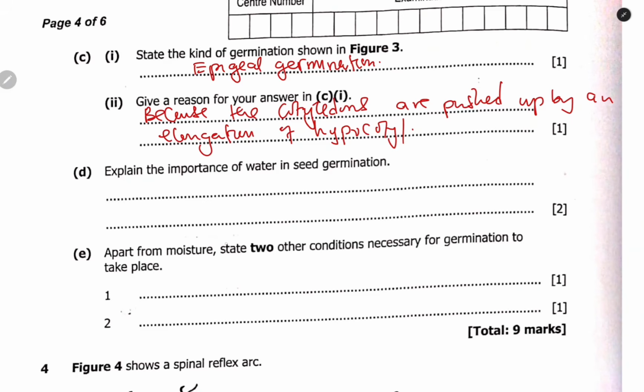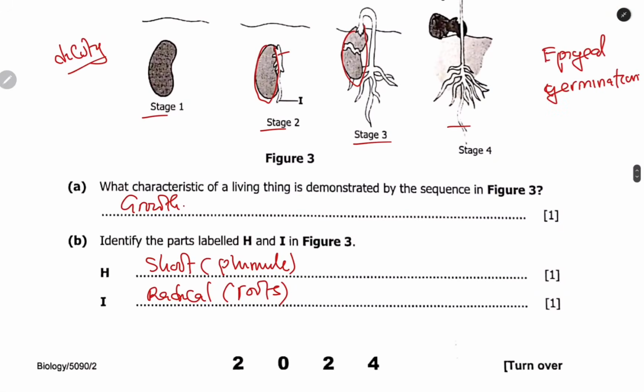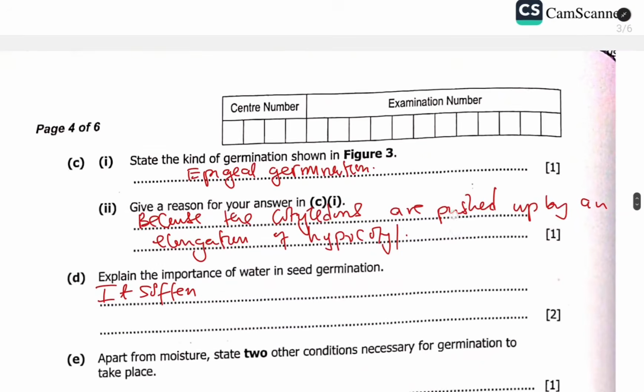Explain the importance of water in seed germination. So one of the importances is that it softens the testa. For a seed to germinate, as you can see here, it has to break out of the testa. So when it absorbs water, it softens the testa so that the seed can split.